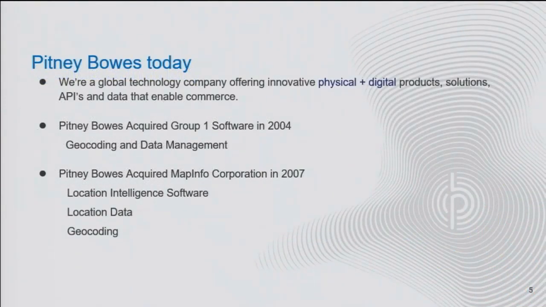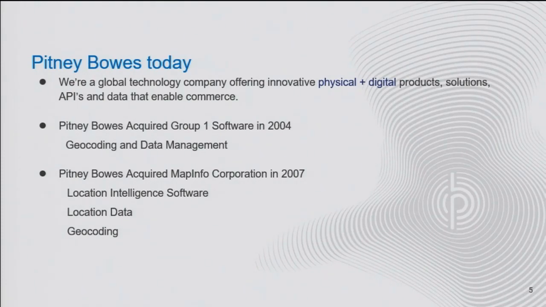So Pitney Bowes today is a global technology company. We've got lots of products from mailing to shipping APIs and all kinds of things. But we're also a location intelligence company. We have a software business, and that's a big chunk of our business, and it's growing rapidly.